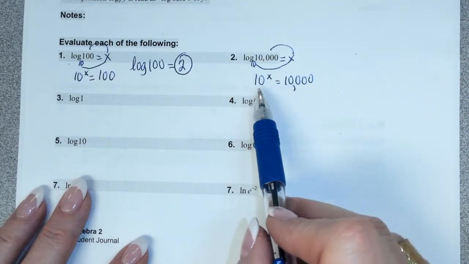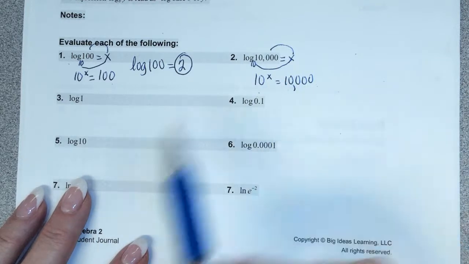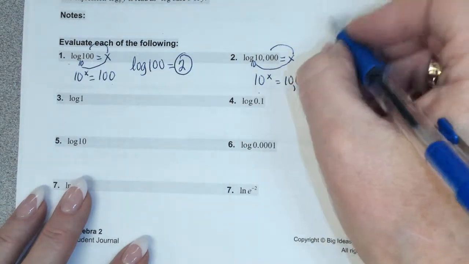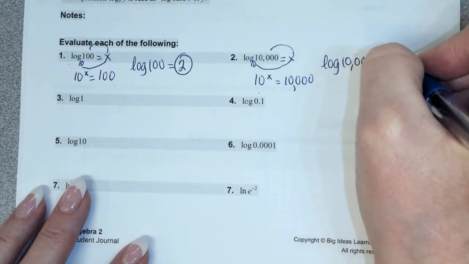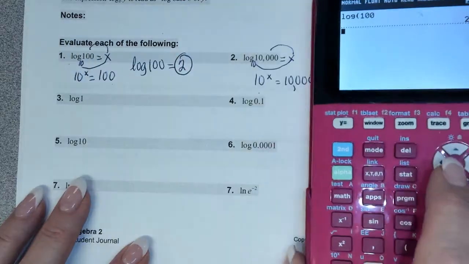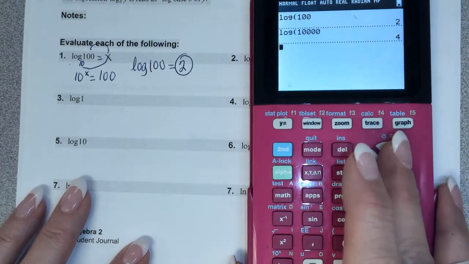And now I have to think 10 to what power would give me 10,000? What is it? 4. So the answer to log 10,000 is 4. That's our answer. If you wanted to check it, I can just do log 10,000 and I get 4.